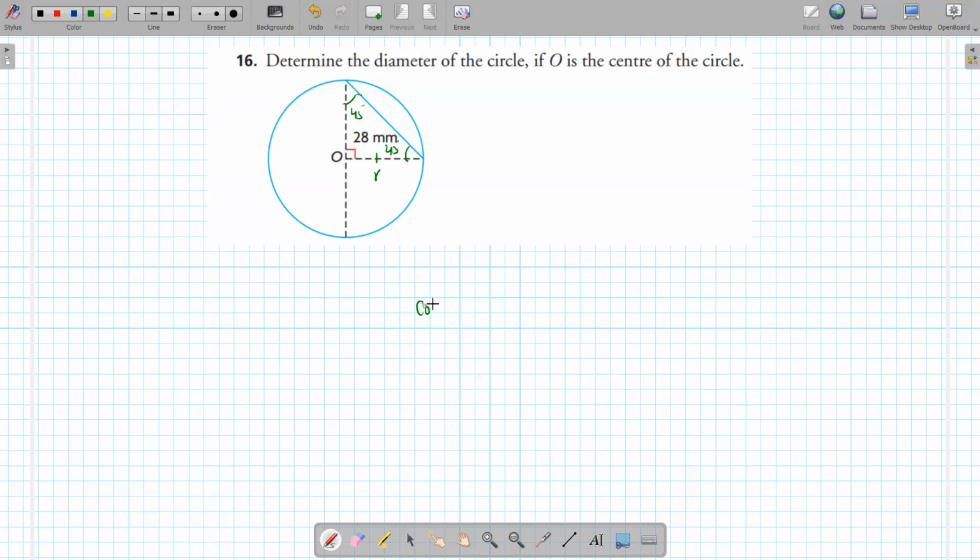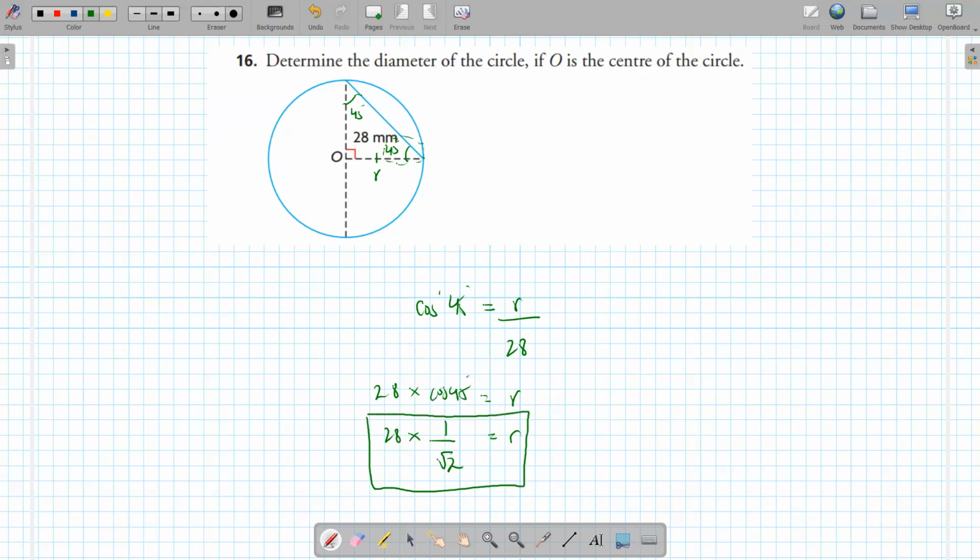Exactly. So I'm going to use cosine relative to this. So cosine 45 is going to be equal to the adjacent, which is the radius, divided by the hypotenuse. So radius is 28 times cosine 45. Cosine 45 is actually 1 over root 2, a precise number. So that's the radius, 28 over root 2.